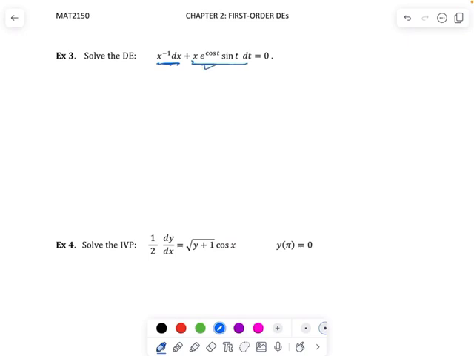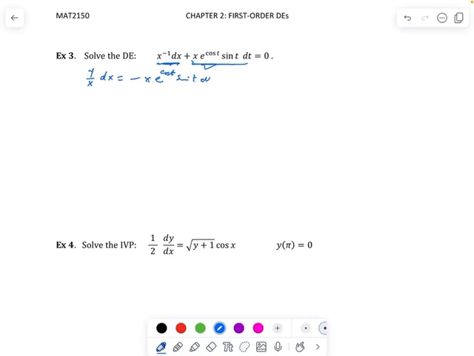So we can move one of them. I will move this one to the other side, and I will also write x to the negative 1 as 1 over x.